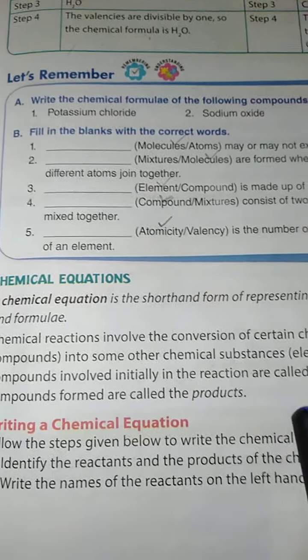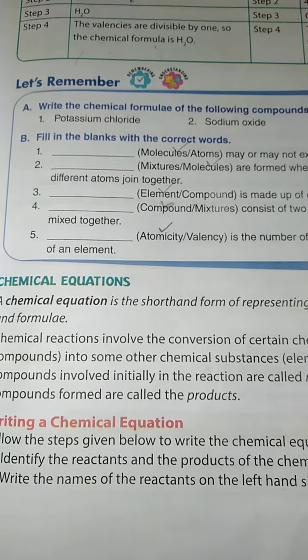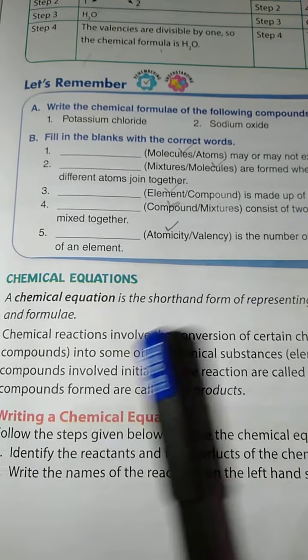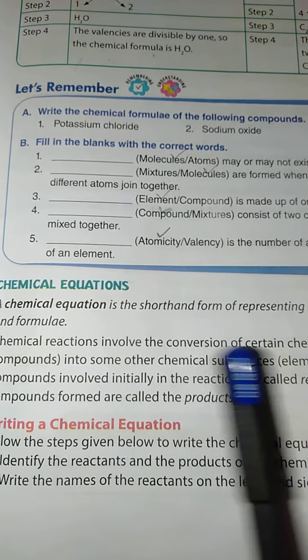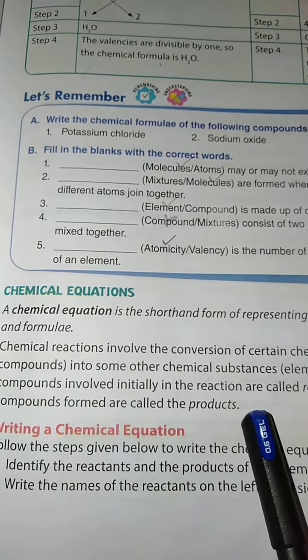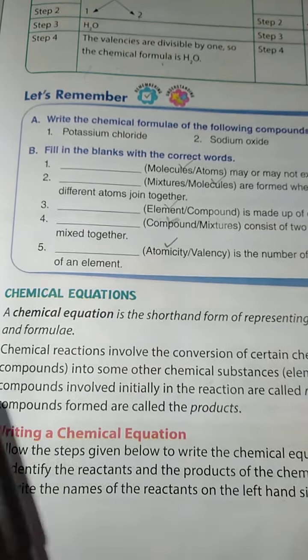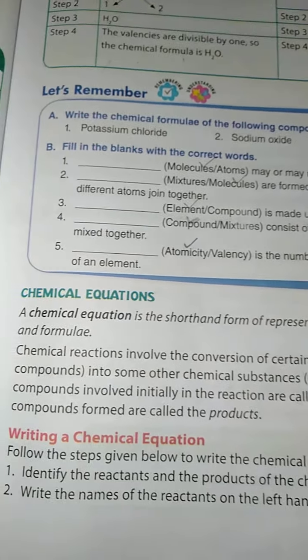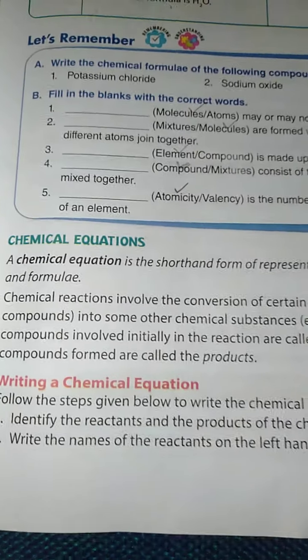So when we take elements and compounds, it shows the reaction between them. This is called the reactant, and when we get the new product with this chemical reaction, that is called the product.